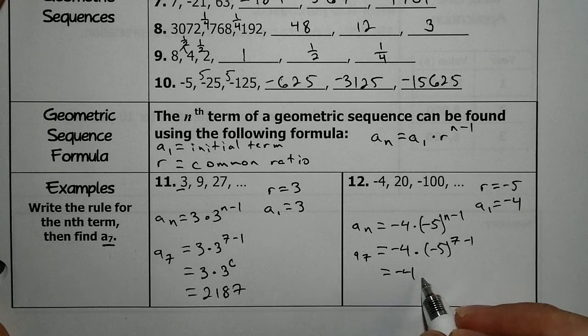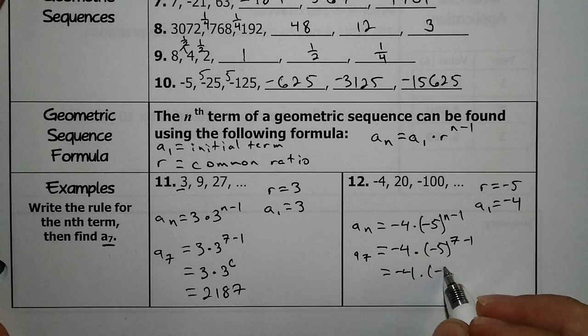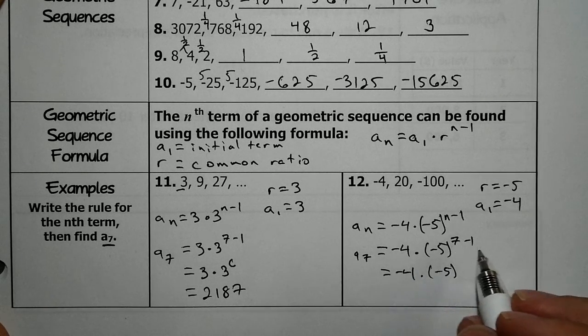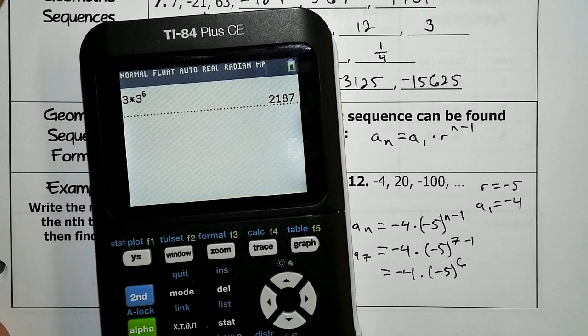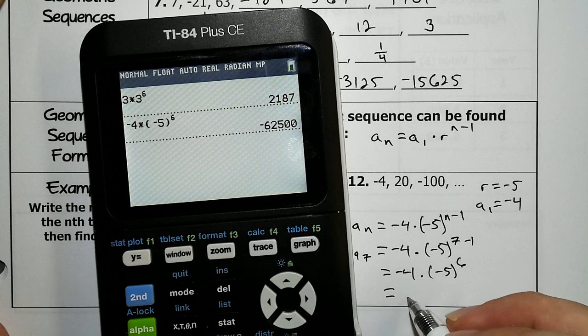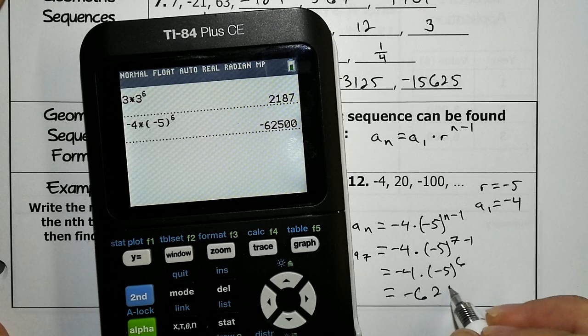So negative 4 times negative 5 to the 7 minus 1, which is 6. Now, you need to use parentheses and plug that in exactly. Negative 4 times negative 5 raised to the 6 should give me negative 62,500.